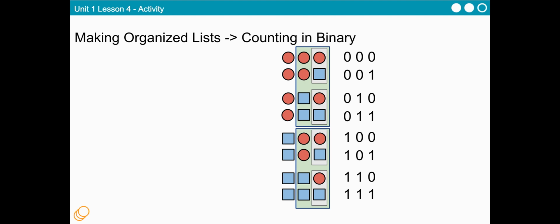So let's make an organized list counting in binary. Instead of shapes, we're going to use ones and zeros in this example. Each pattern maps to a decimal number from 0 to 7.